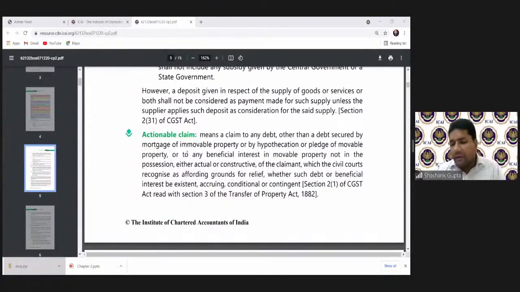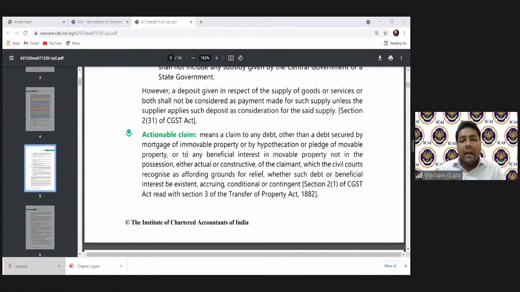I believe some of you are still not comfortable with actionable claim. So see, actionable claim has been defined to mean a claim to any debt other than a debt secured by mortgage of immovable property or by hypothecation or pledge of movable property. So basically, it has to be an unsecured debt, or to any beneficial interest in movable property which is not in the possession, either actual or constructive, of the claimant.